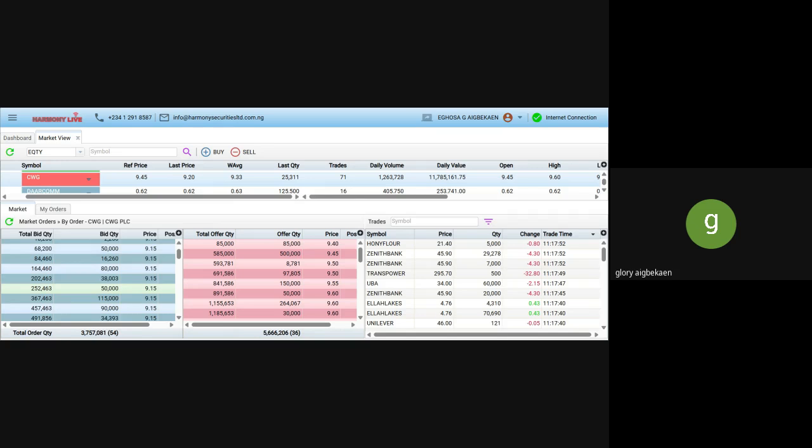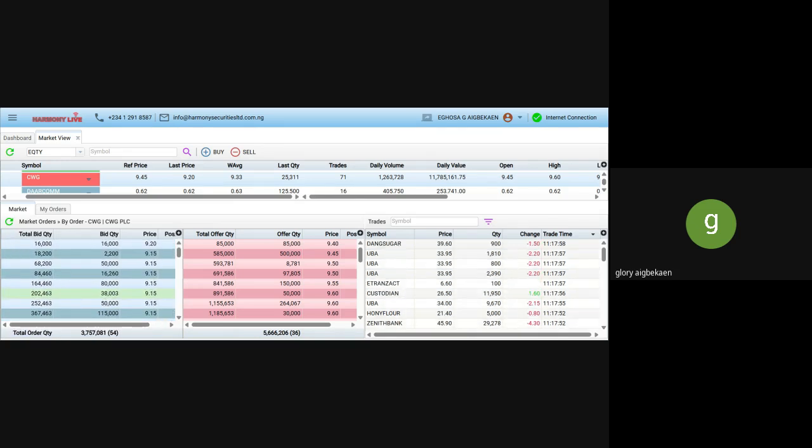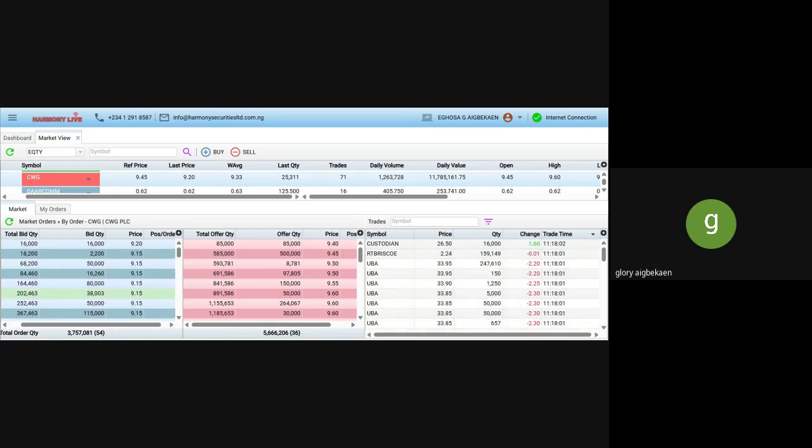They are not allowing it to fall below 9 naira, but anything from 9 naira and above, they are just selling it. It looks like a big investor is trying to leave the stock, and another investor is taking over his shares. That's likely what is happening.